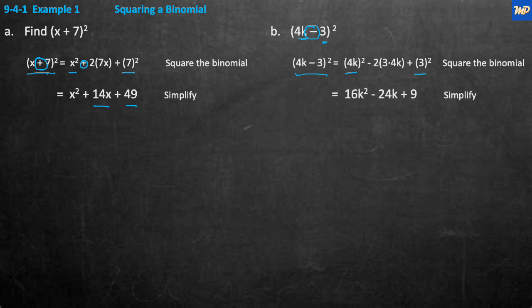When you multiply that out, 4 times 3 is 12 times 2 is 24, and it's negative. So the answer, taking the 4 squared and the k squared, is 16k squared minus 24k plus 9. 3 squared is 9.